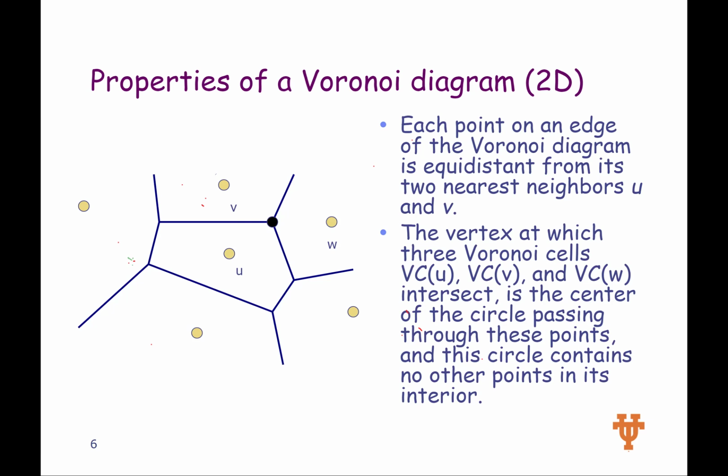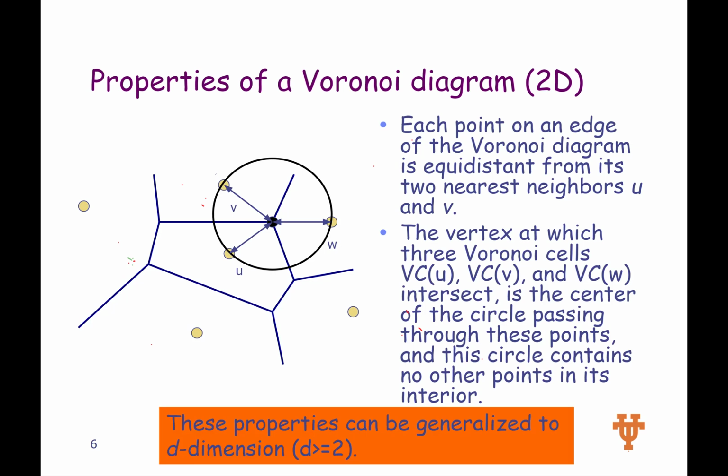Yeah, okay. Because they have equal distance. So this property can be generalized from 2D to D dimensions. So if it's 3 dimensions, what is a circle? That's a ball, right? And what is triangulation in 3 dimensions? That's a tetrahedron, okay? Tetrahedron. In Chinese, it's called a 三棱锥, right? Tetrahedron. All right.